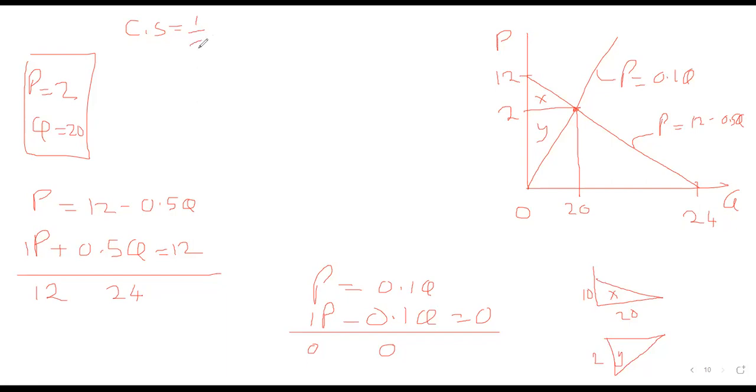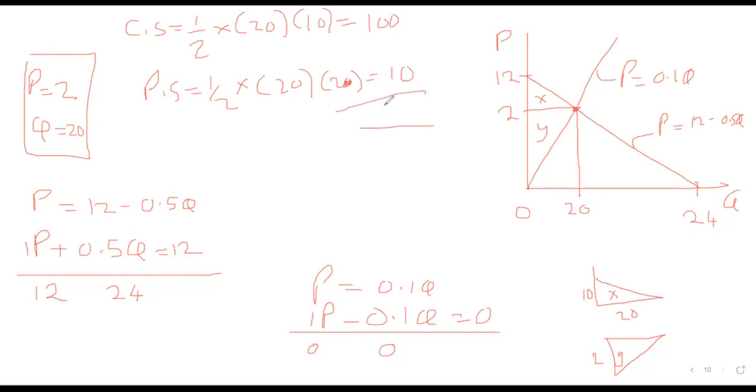Okay, so the consumer surplus is half times base times height, so 20, and our height is what? 10. So here we're going to get 100. The producer surplus is half times base, which is 20, times height, which is 2. We're going to get a 20.